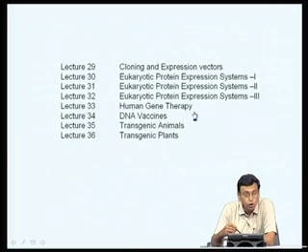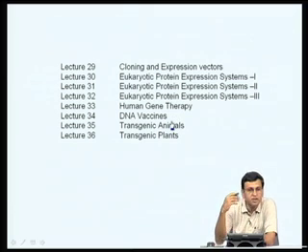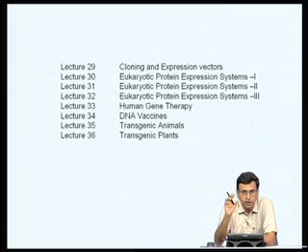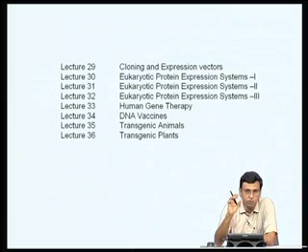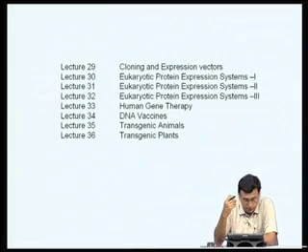Then we talked about human gene therapy, where we were talking about expressing genes in humans with the aim of curing certain genetic disorders. Then we discussed a very interesting and exciting area of research called DNA vaccines, where a failed gene therapy technique called naked DNA injection, which actually failed as a gene therapy technique, found a new application in the form of development of DNA vaccines.